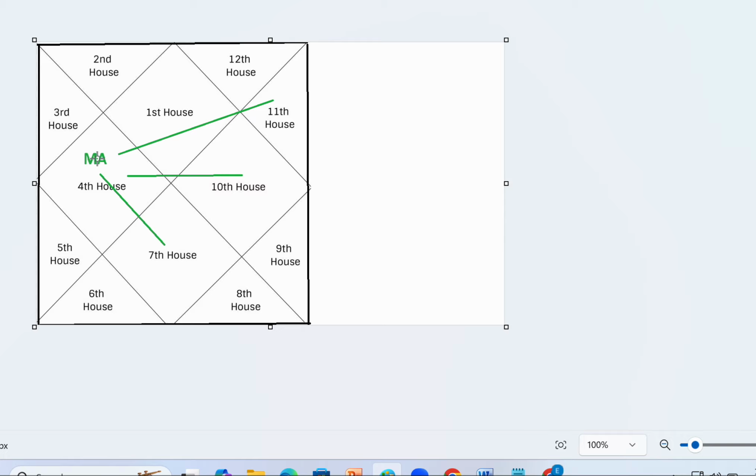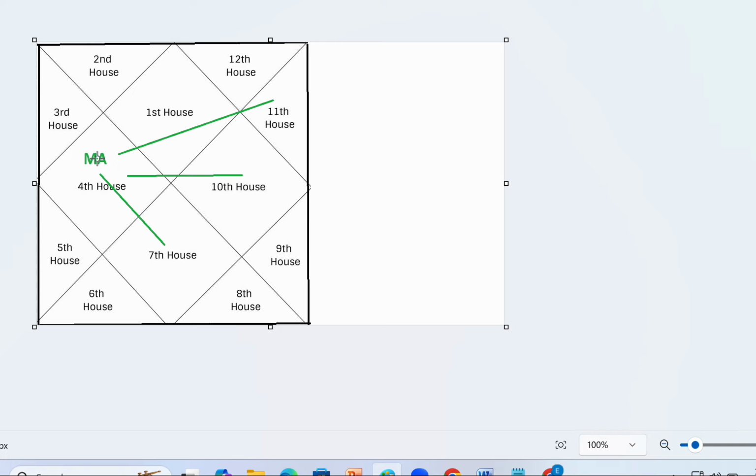Dasha or Antardasha? Both. His marriage, and the 7th house is also business, so his marriage, business, second child, mother, his own health, everything is going to create problems. Sir, is the seventh house for business or partnerships? The 7th house is both business as well as partnerships.